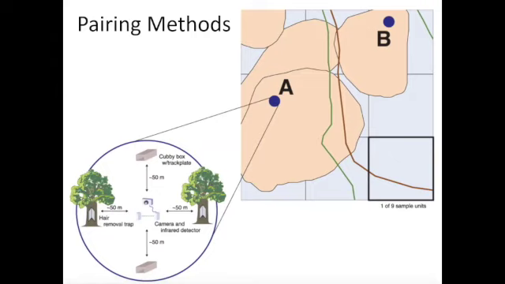What they have there is a central camera trap, cubby boxes to the north and to the south, and hair snares to the east and to the west. They use all of those data to monitor the carnivore communities, and some of those different approaches are optimized for different species.